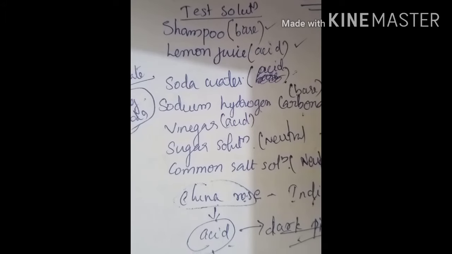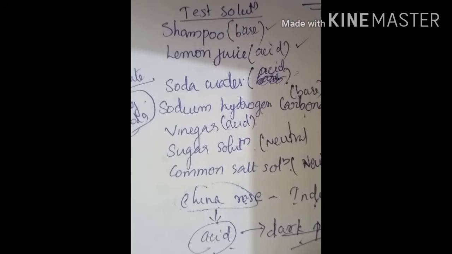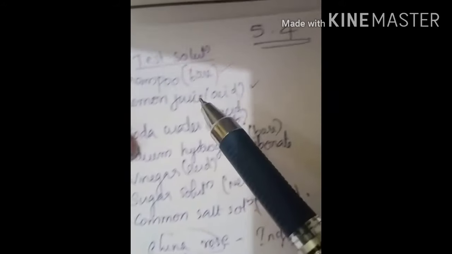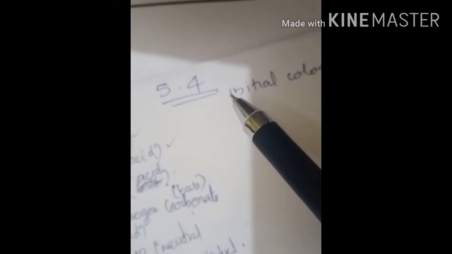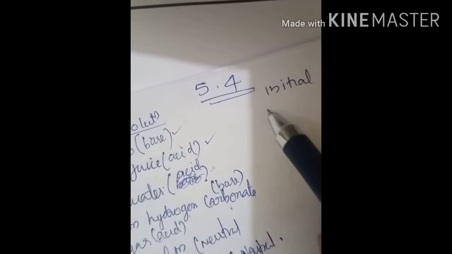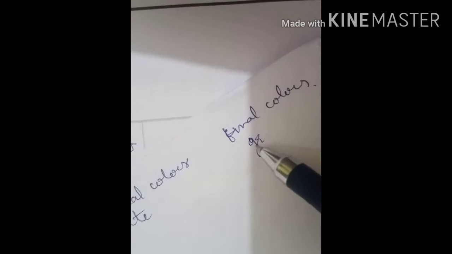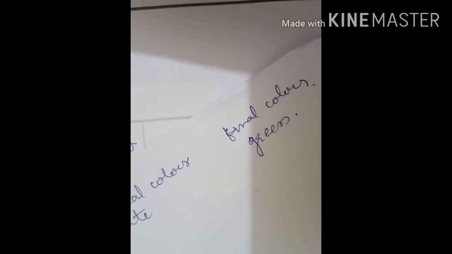So we know that when China rose is added to acid, it changes into dark pink, and when it is added to a base, it changes into green, right? Shampoo is a basic solution. The initial color of the shampoo is white, but the final color will be green because when China rose is added to a base, it changes into green.